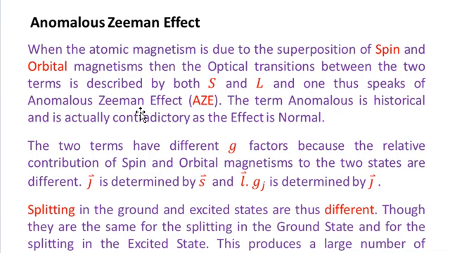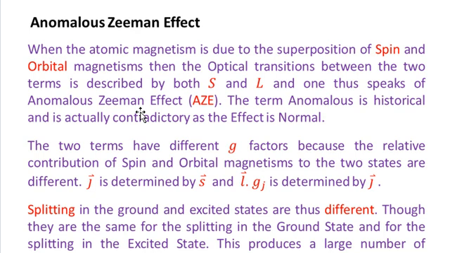Anomalous means abnormal, because at that time it appeared abnormal that more lines were appearing when both spin and orbital magnetism are present, and this greater number of lines could not be explained with the ordinary Zeeman effect. So that's why the name anomalous was given to this effect.